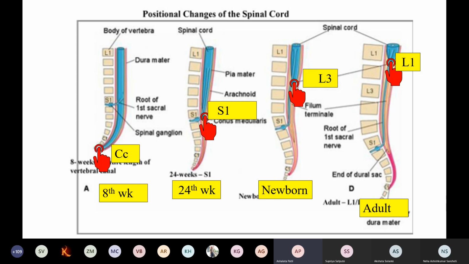So these lower spinal nerves surround the filum terminale, and it is called the cauda equina, so that they take an oblique course to pass through the corresponding intervertebral foramina. All the spinal segments are confined up to the L1 level. So these are the positional changes of the spinal cord.